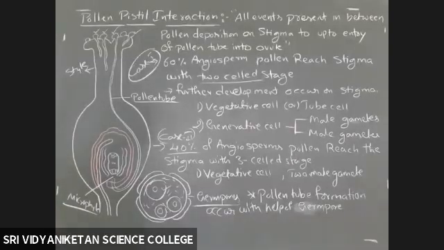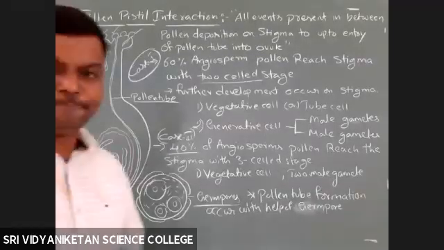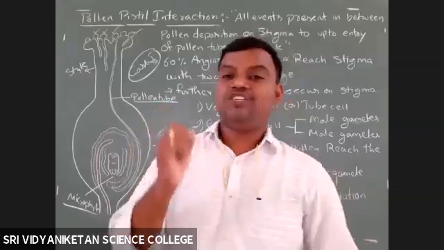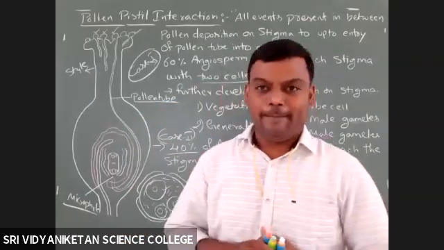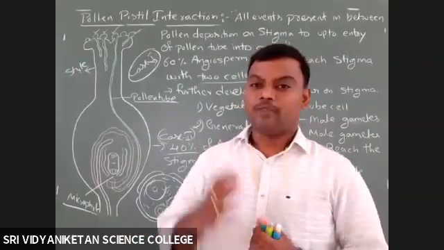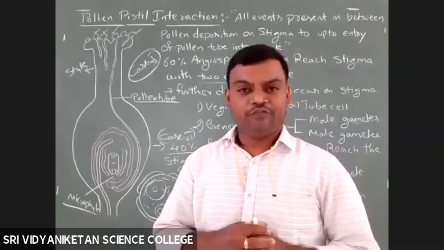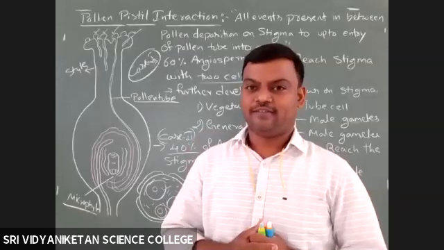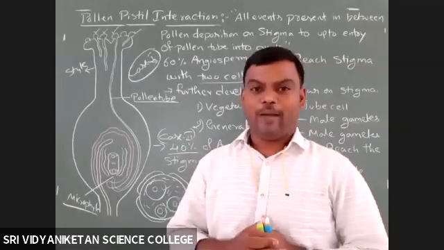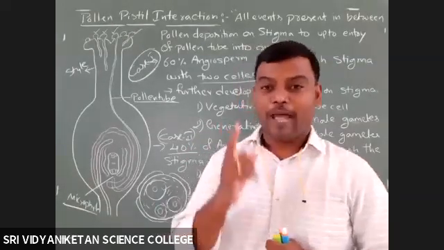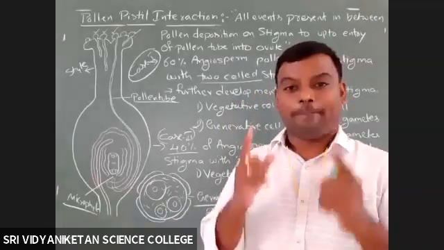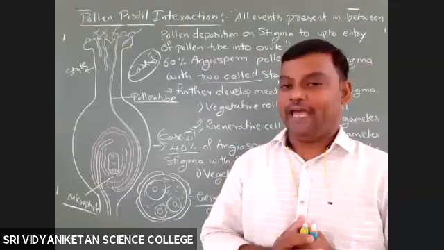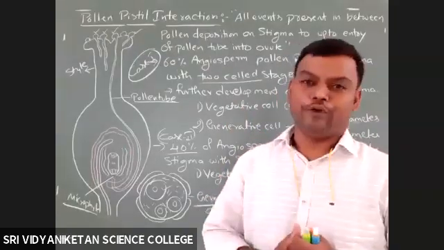So why does the pollen tube enter the ovule through the micropyle? Because, as you already know, the synergids present in the embryo sac have finger-like structures called the filiform apparatus. What is the function of the filiform apparatus? It helps to guide the pollen tube.